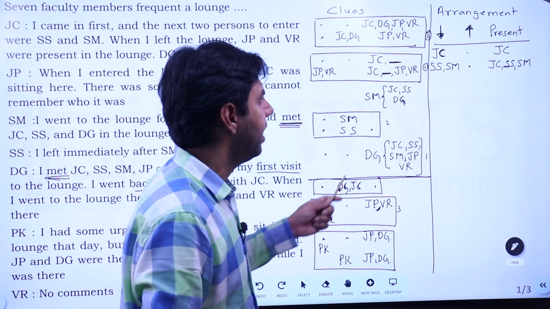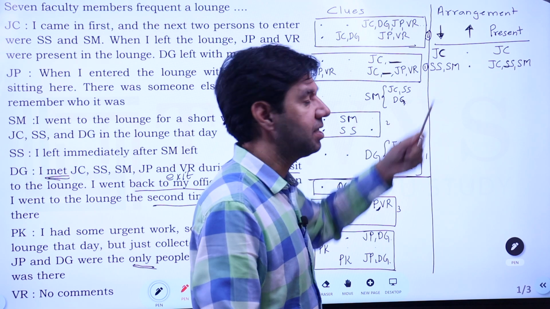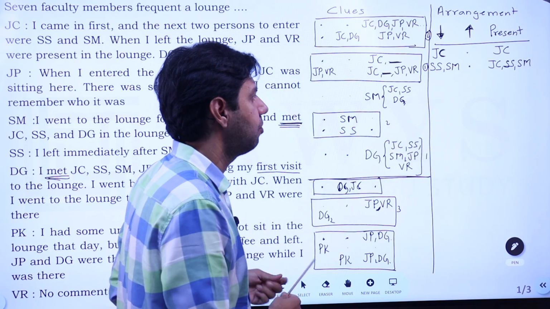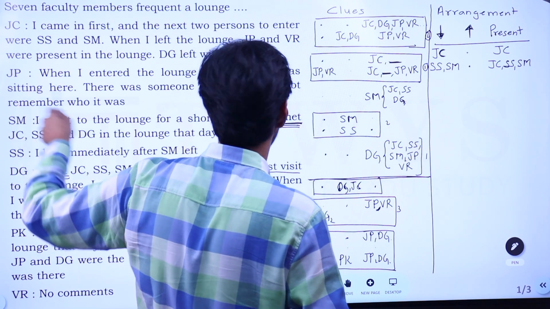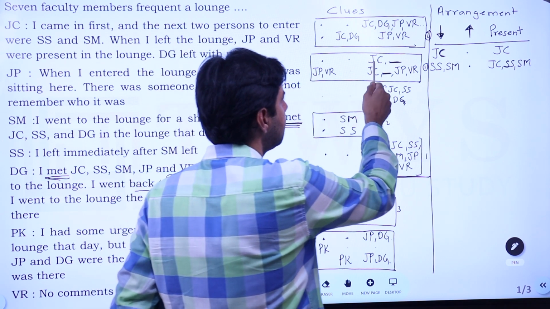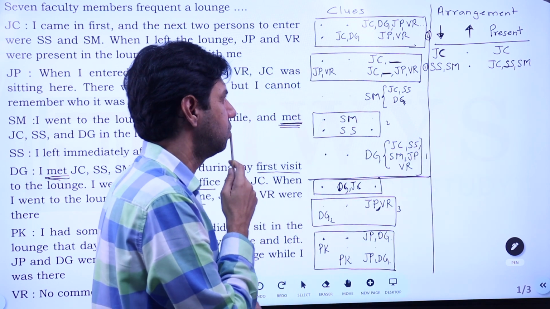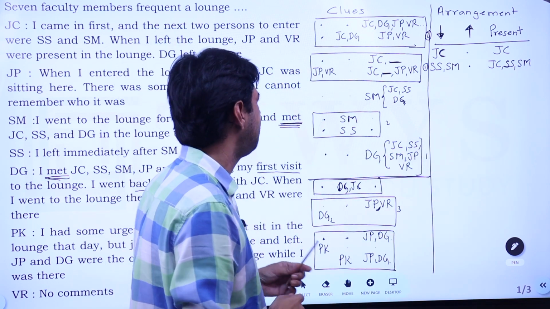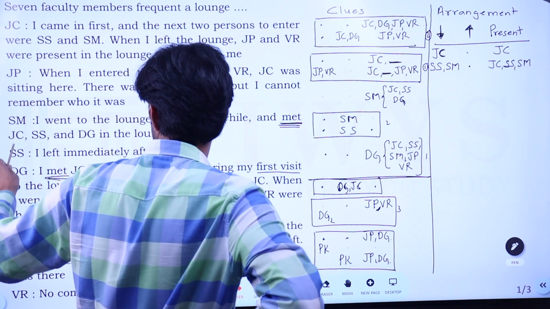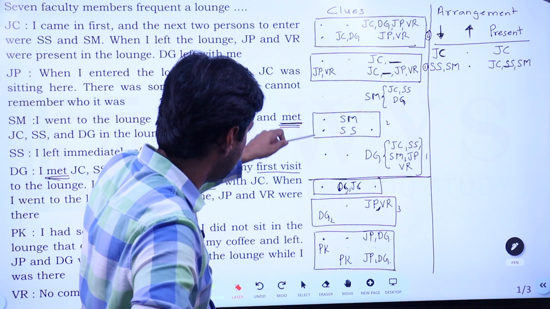Or else there could be some entry. Now who could enter? 3 members are there. Any of the 4 could enter. So JP could enter. But I see here JP enters with VR, and JP enters when there is JC and 1 person. Currently there are 2 over there. So maybe JP doesn't enter. If JC, SM, SS is already there, maybe DG enters. Is there any entry of DG?